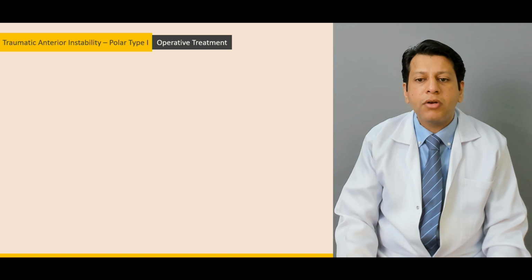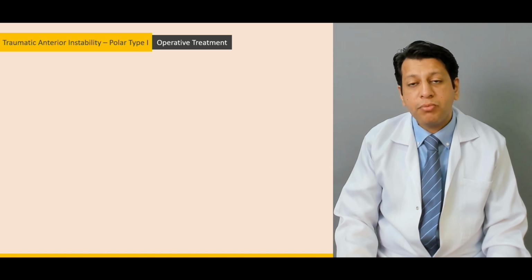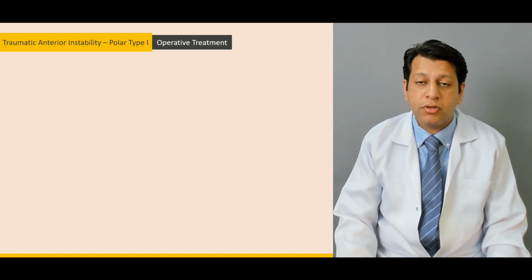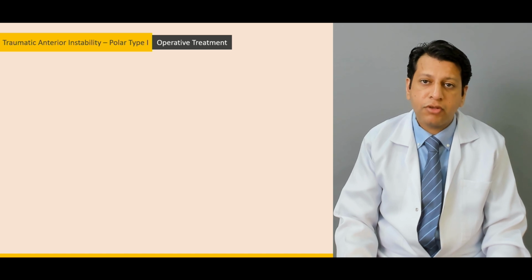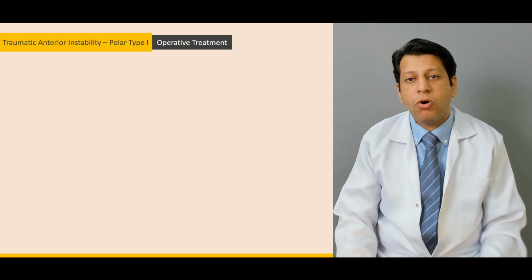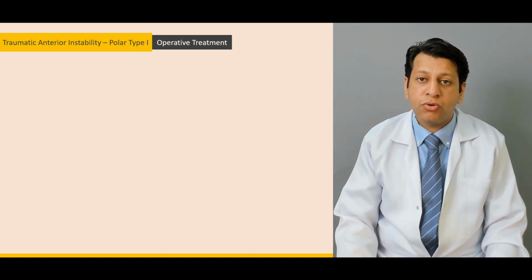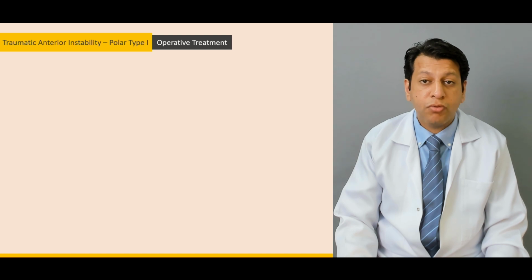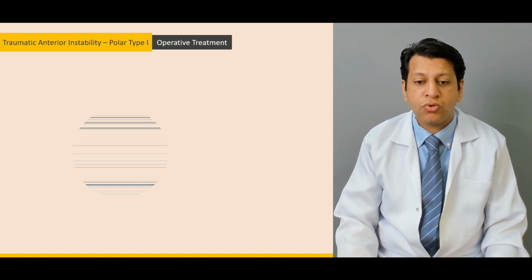Now coming to the operative treatment, the other option which was more commonly used a few years back was open repair. Initially, if it was a Bankart injury, open repair of the Bankart was done. But nowadays, most commonly, all anterior instability due to acute trauma or acute Bankart lesion is done arthroscopically.